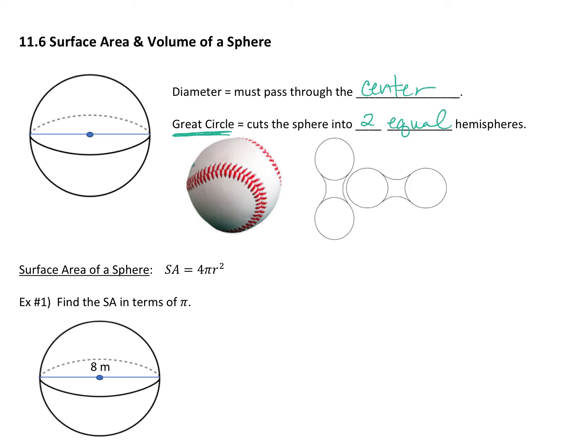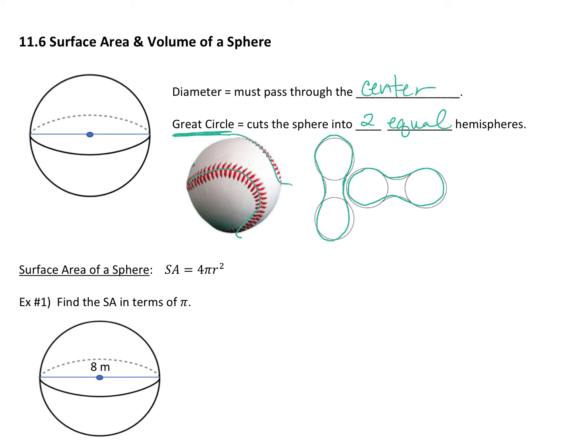All right, so here's what I want you to think about. Any baseball players, softball players in the room? If you took a baseball or a softball and you pulled out all the seams and opened it up, this is what you would see, right? You would see this is the one piece, if you just follow those around, that would be one, and then the other would be this.